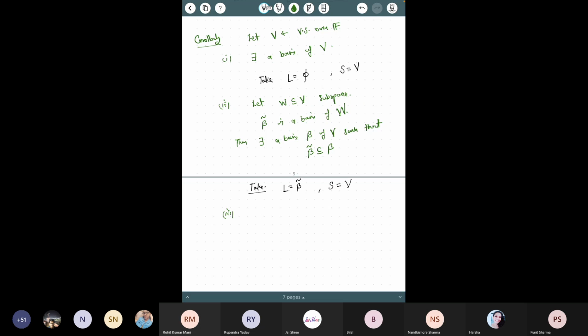So the third statement is: a basis is a maximal linearly independent subset of V. Now can you prove this also using whatever information we have?